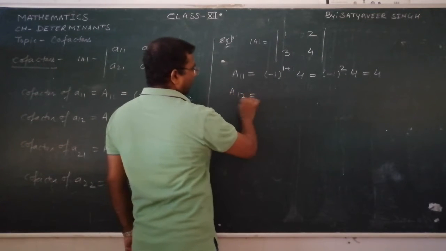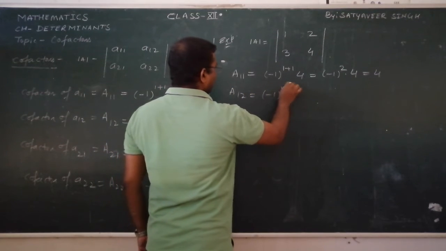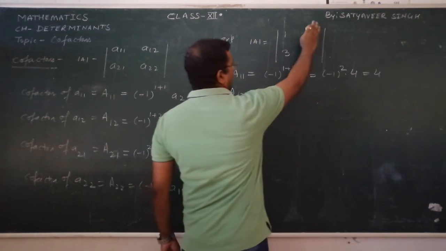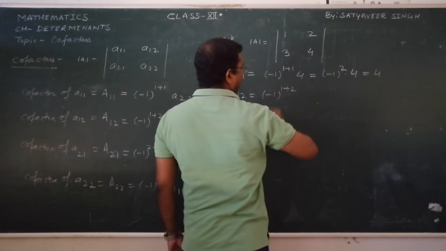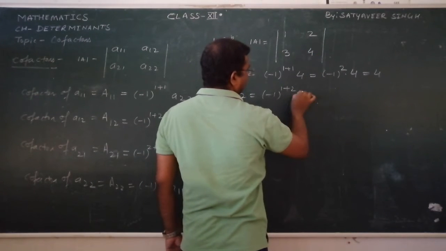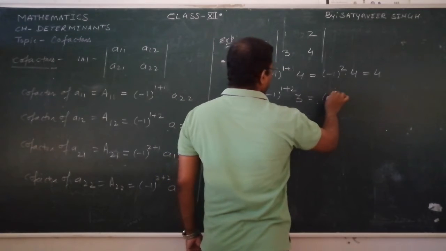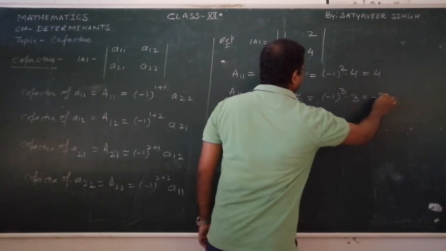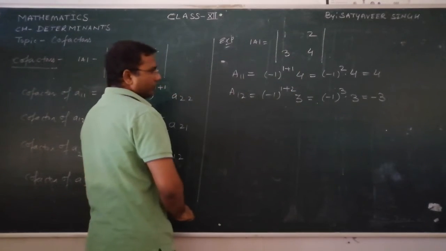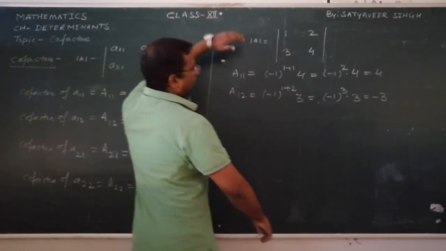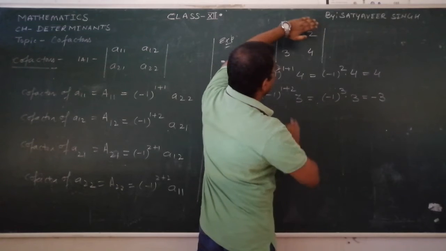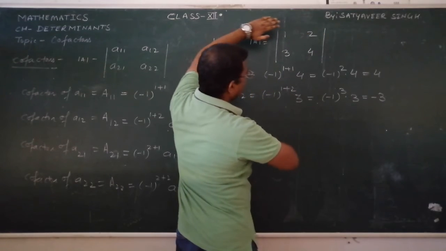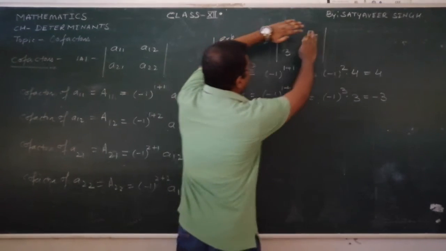Then for 1 2 you will find minus 1 raised to 1 plus 2. The remaining element you will calculate. Here it is 3. So you will write minus 1 raised to 3 into 3, it is minus 3. See students, how you have done this. We calculated this, and this too.